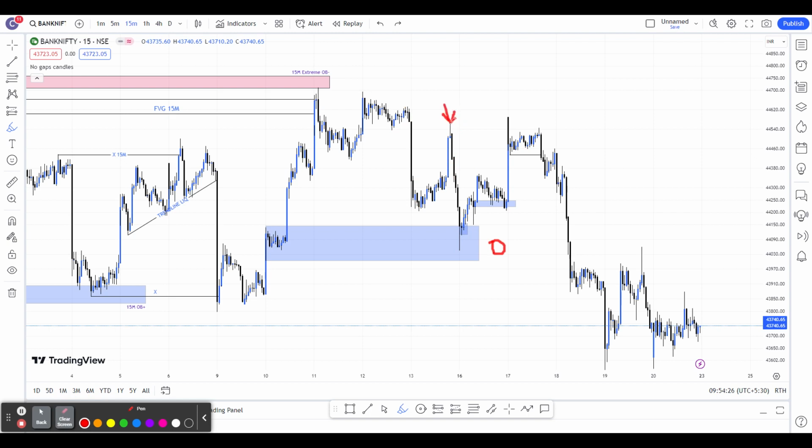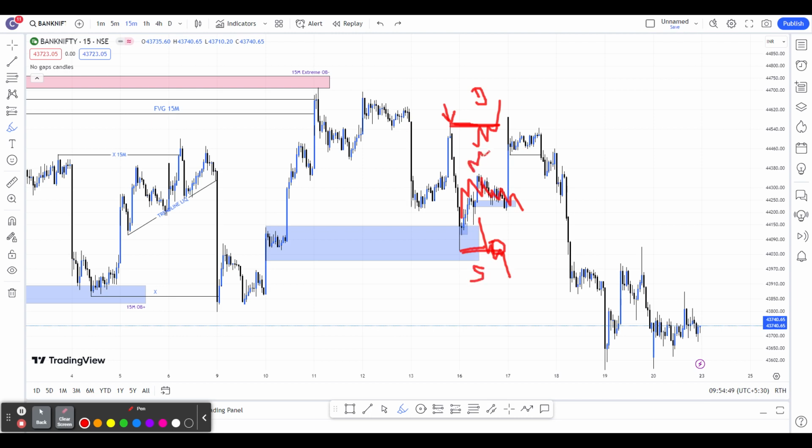We are very unclear until the market closes above any high or low. This area will become our consolidation until this high or this low. If the market breaks above it, the market is in demand, and if it breaks down, the market is in supply.